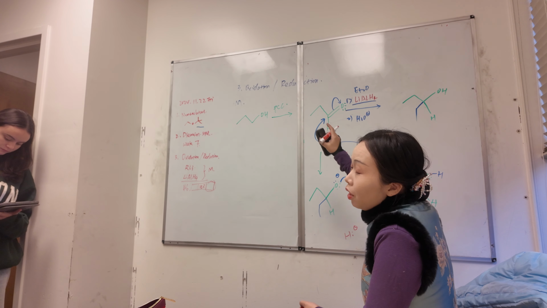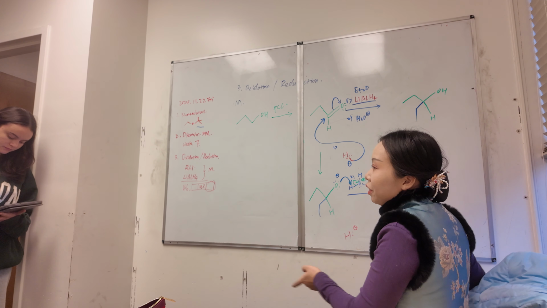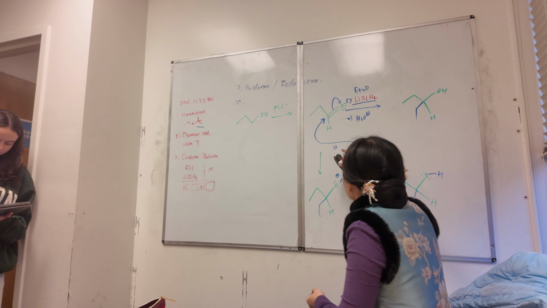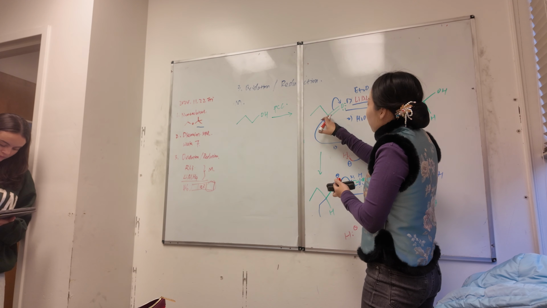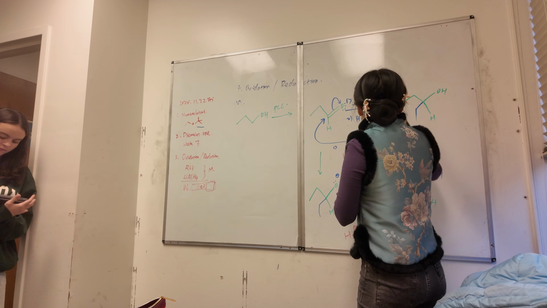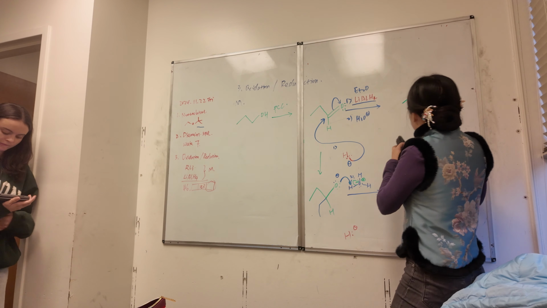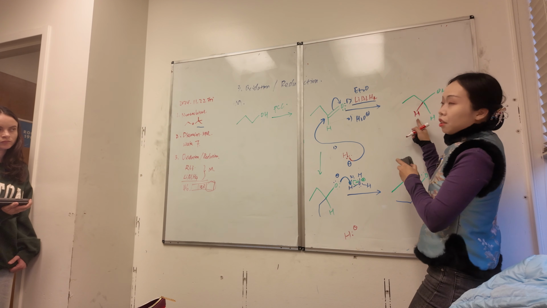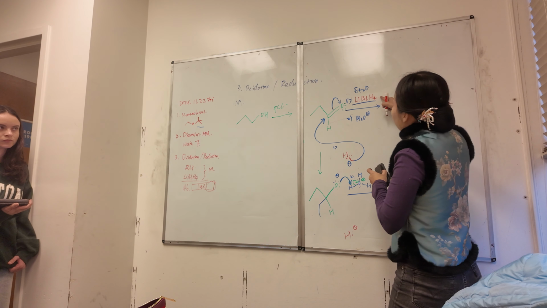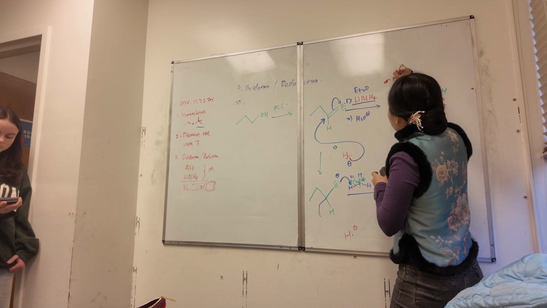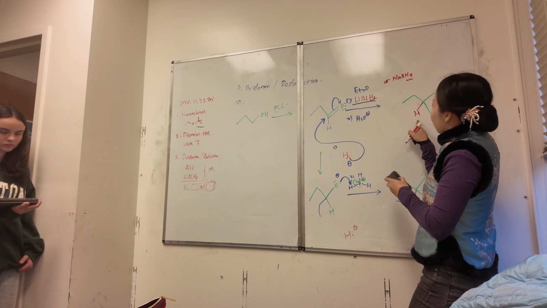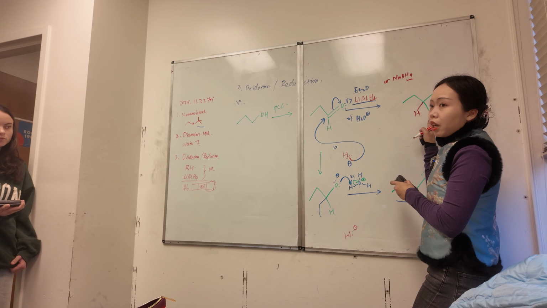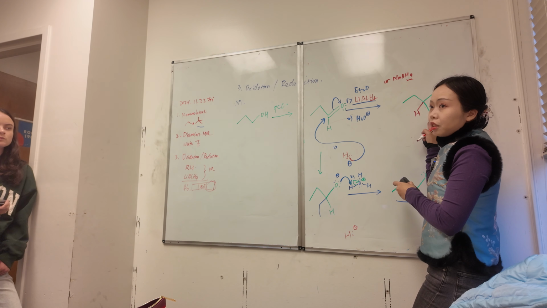Either NaBH4 or LiAlH4, your hydrogen adds here. This hydrogen was either from LiAlH4 or NaBH4, so it's all from this. The real thing that reacts is the hydrogen, and that hydrogen is actually negative.